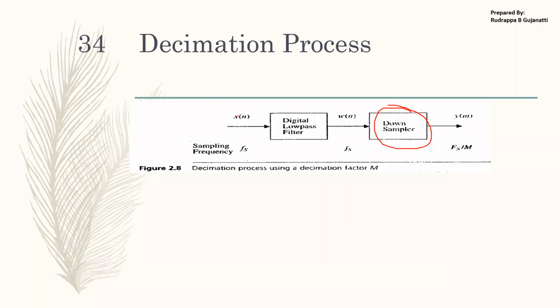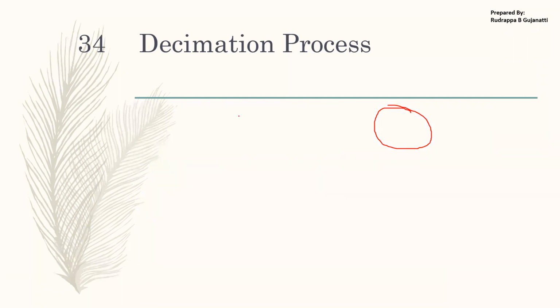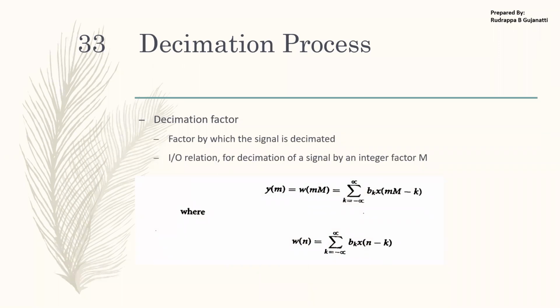Now here, one thing to remember is this equation W of n. This is nothing but your overall response, that is a digital filter response. So W of n is dependent only on the present input and the past input values. So this is a kind of FIR representation.